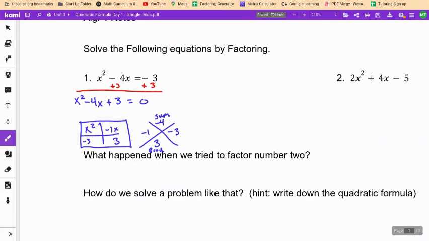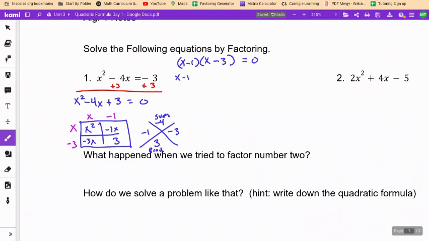So that is what goes back into our box. Now I can find the dimensions of our box. And so when we factor this, this became x minus 1 times x minus 3. That's still equal to 0. And now we split up our factors.